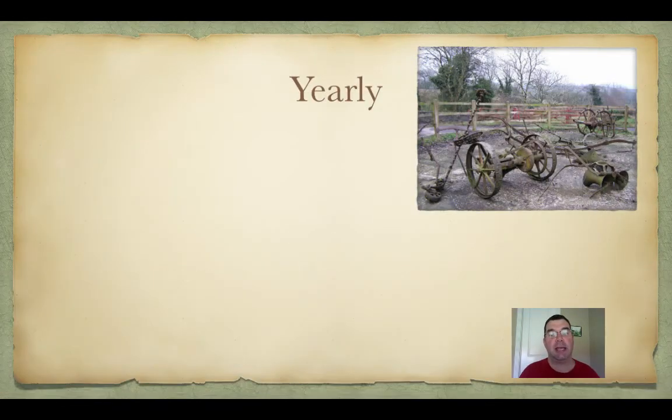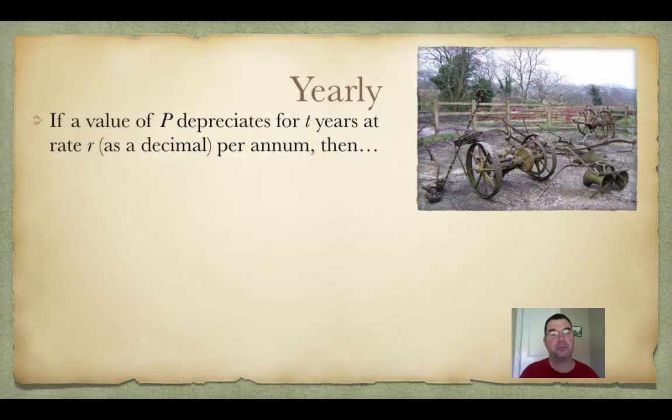So let's talk general case like we did with interest. I've got a value of P depreciating for T years at a rate of R, and we're going to use a decimal for that, not a percent. So I know that after 1 year it's going to be worth P times 1 minus R. Remember, I'm subtracting that interest rate from 100% for the number 1, and I'm using it as a decimal.